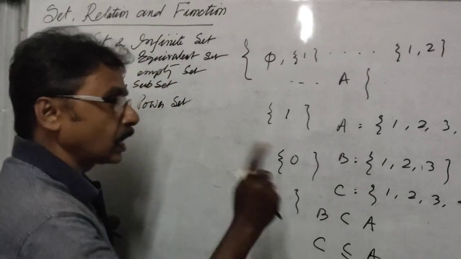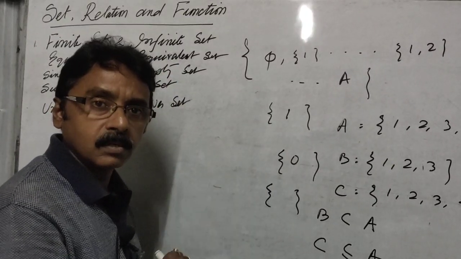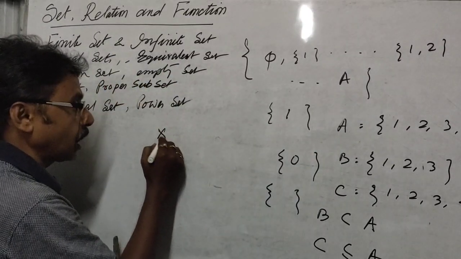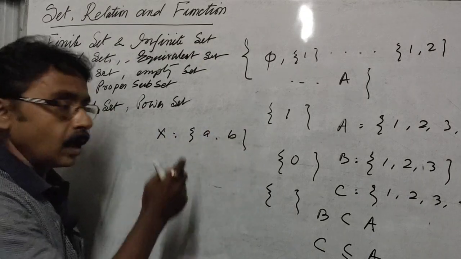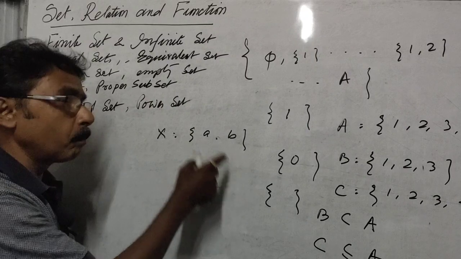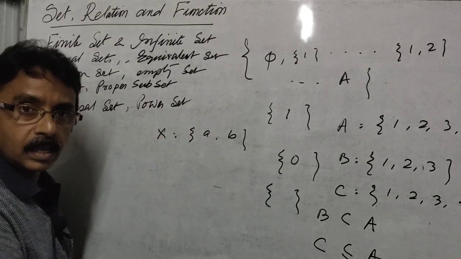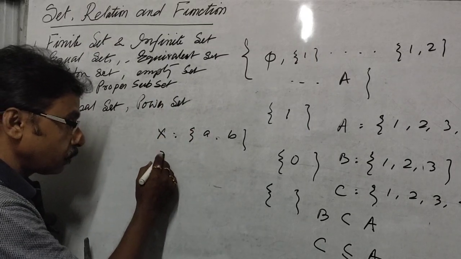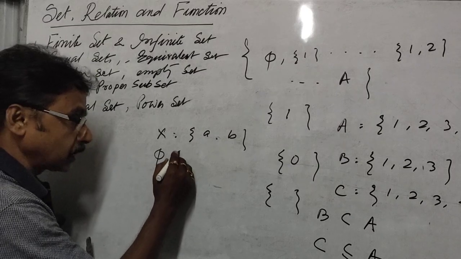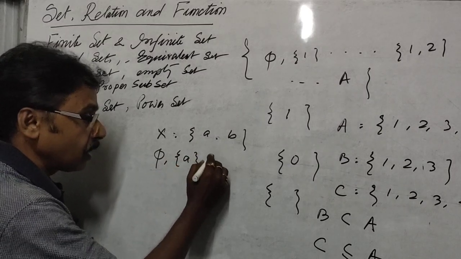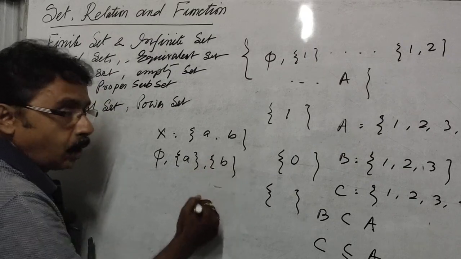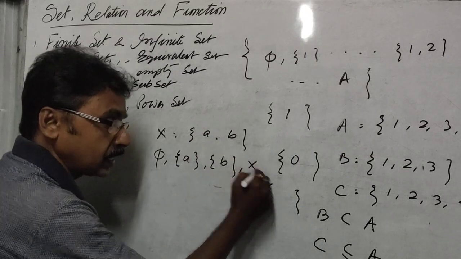So if I take just two elements, another set, suppose X, whose elements are a and b, let us see how many subsets we can form from the elements of the set X. So the null set, then by taking single elements, singleton sets {a}, {b}, and then taking all the elements, that means the set itself.